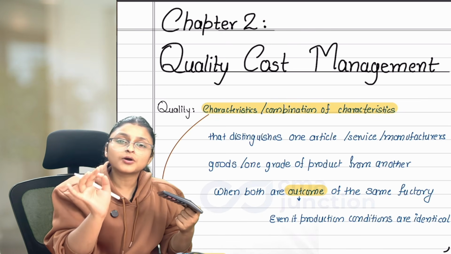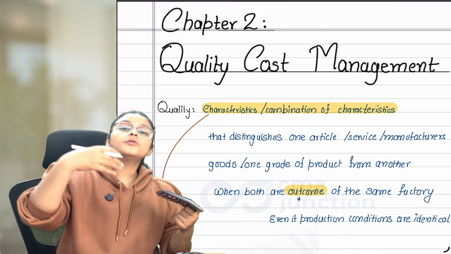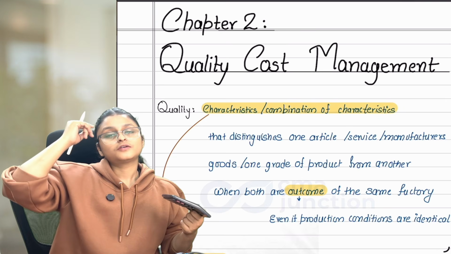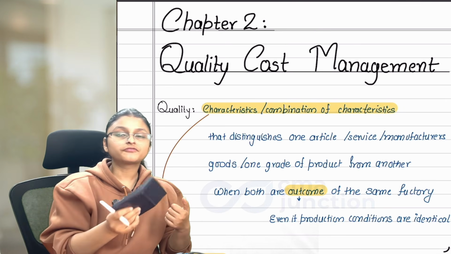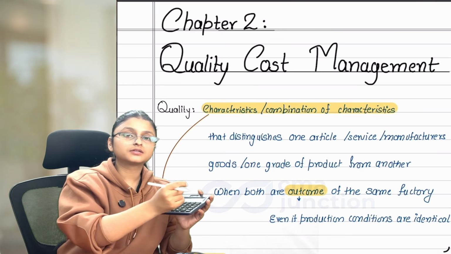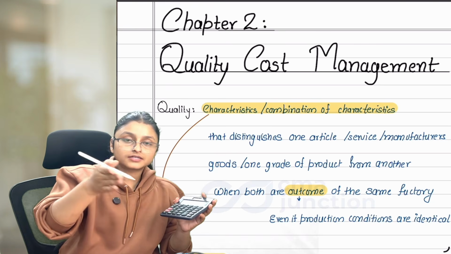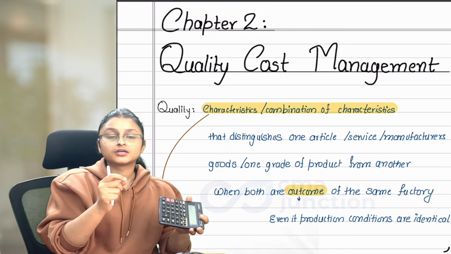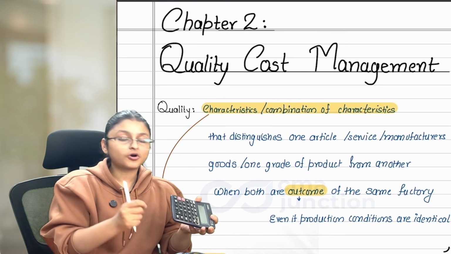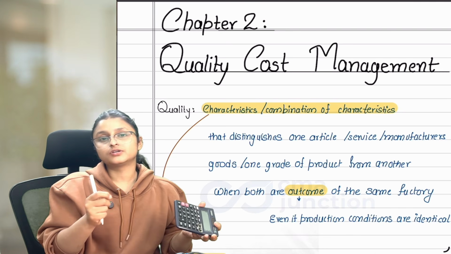Quality is all about the characteristics or combination of characteristics. Think about it. When I'm differentiating this calculator from another, I'm listing a lot of characteristics: it is a durable product, reliable product, performs really well, good accuracy.